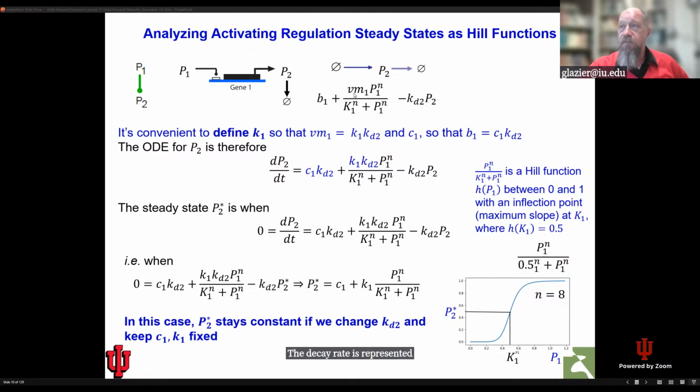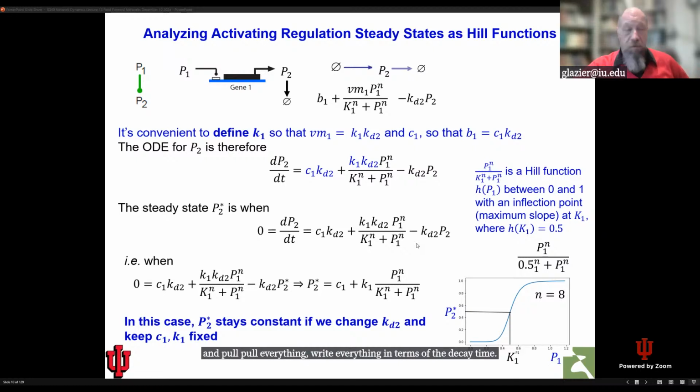So instead of writing Vmax here, you write Vmax equal to the decay rate, KD2, times some other rate constant K. Now, when you do that, and you rescale C1 also, then you basically can rescale time and write everything in terms of the decay time.